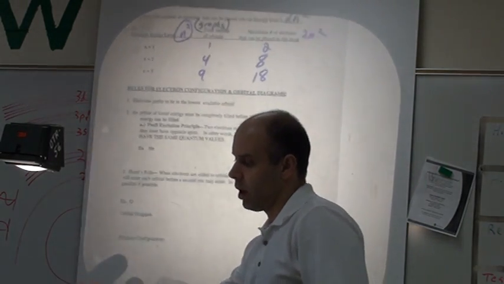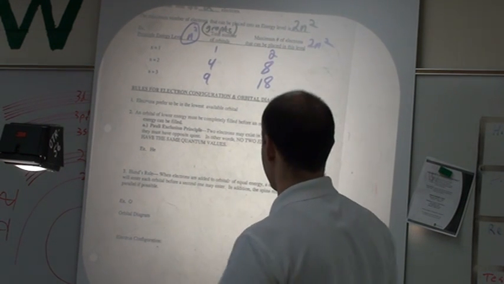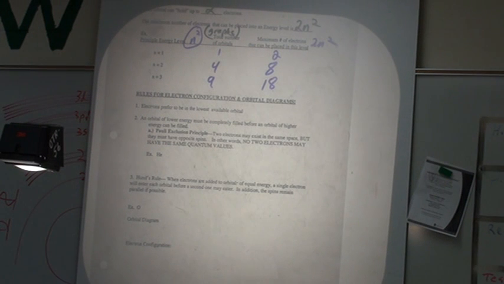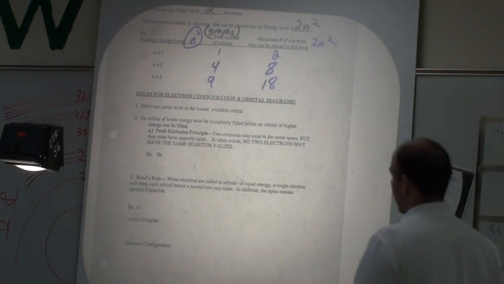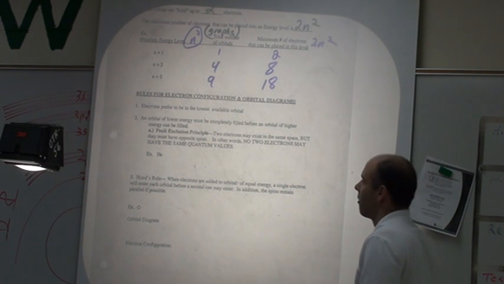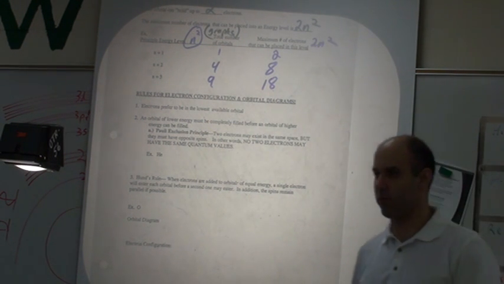So the rules for electron configurations is, the first rule is electrons prefer to be in the lowest available orbital. And that an orbital of lower energy must be completely filled before an orbital of higher energy can be filled.